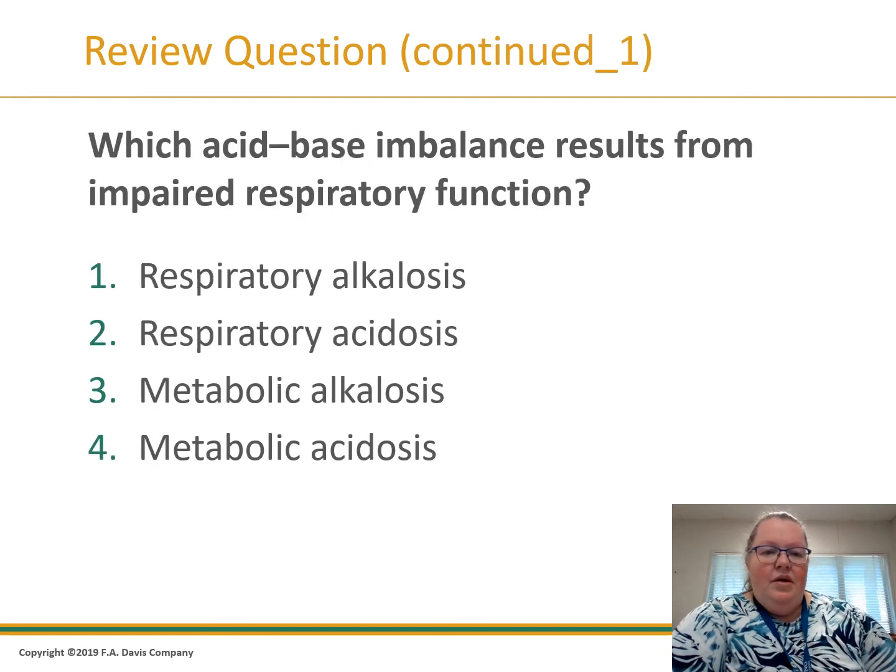Okay. Next one, which acid-base balance results from impaired respiratory function? Well, we know it's respiratory, and likely it's going to be acidosis, because remember, impaired means less oxygen, more CO2, and CO2 is the acid.